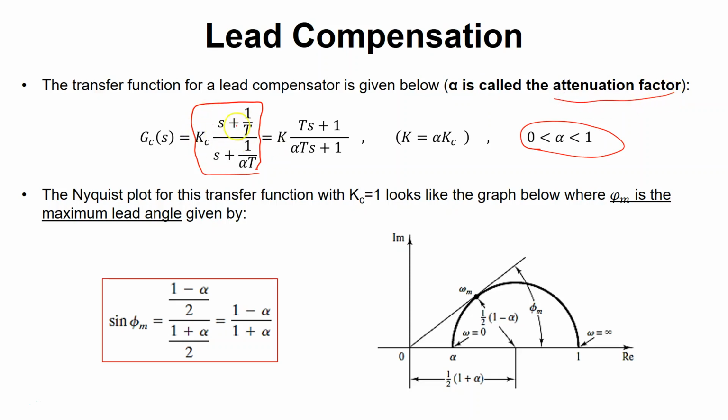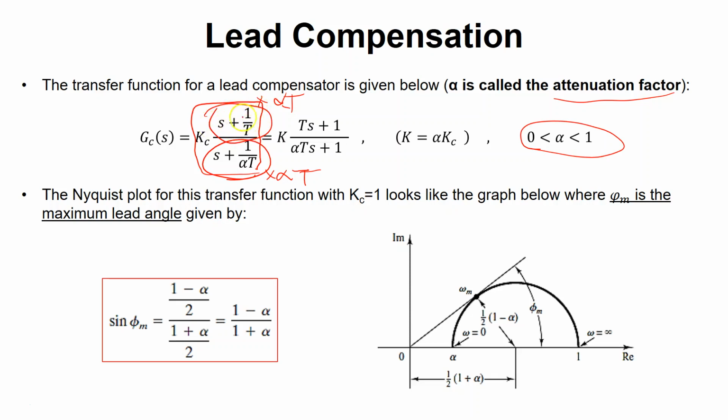Another way to show this is we multiply both numerator and denominator by alpha times T. If we do that, then in the denominator you get 1 plus alpha Ts, in the numerator you get alpha plus alpha Ts.